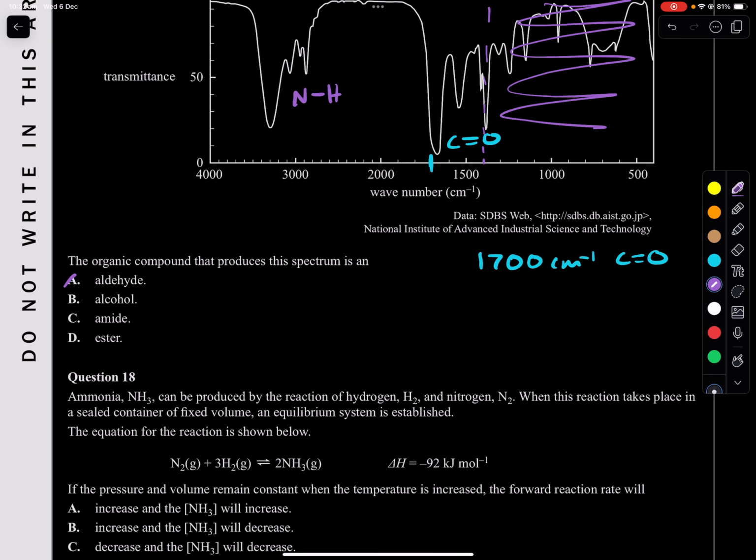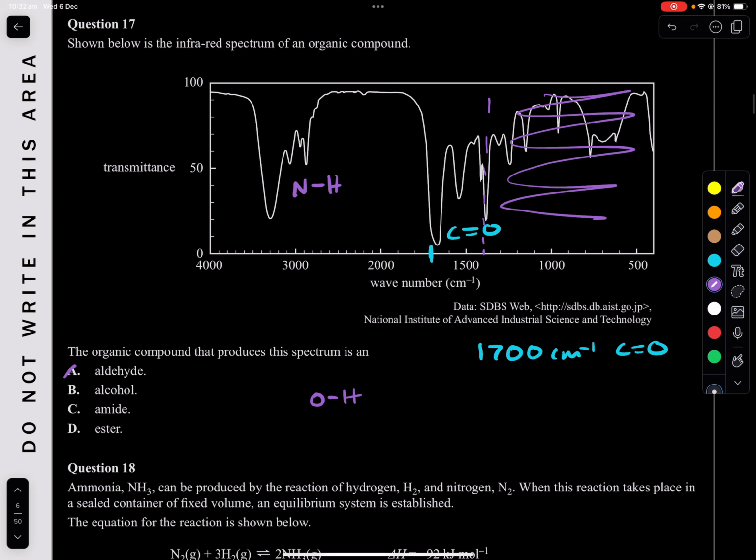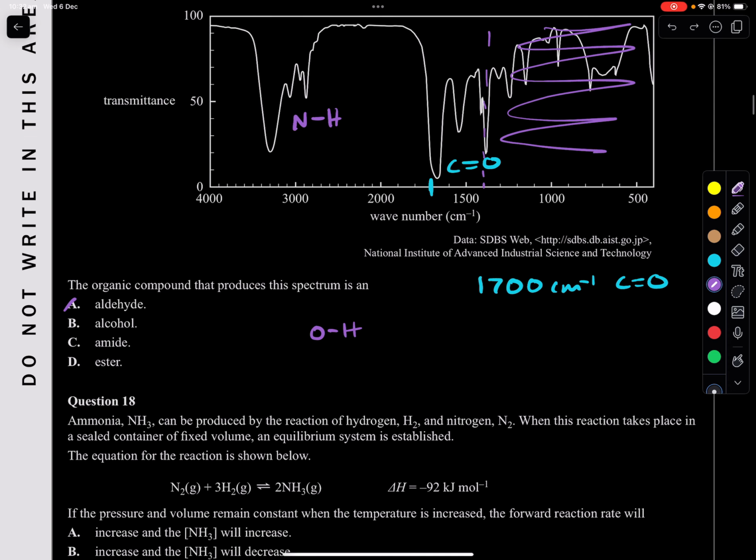What about an alcohol? An alcohol is OH. Absolutely not. Remember, OH would have a very strong peak, which in this case we said it was NH, so likely not. B, C, an amide. An amide looks like C double O, and N, H, and H. Looks like this. So we do have an N, which in this case we do.